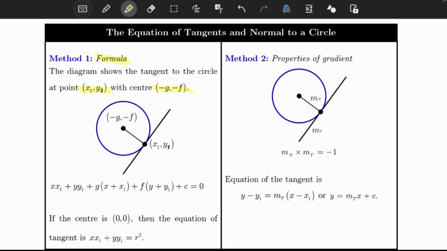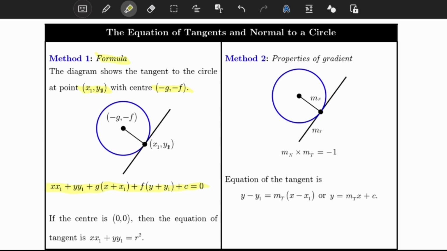So we are going to substitute this information into this formula, which is x x1 plus y y1 plus g(x plus x1) plus f(y plus y1) plus c equal to 0.